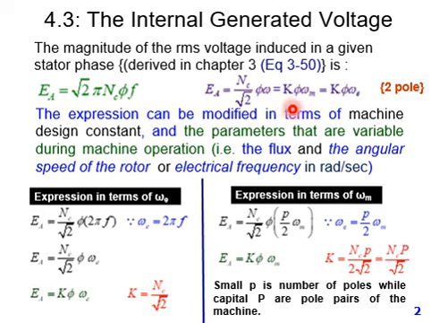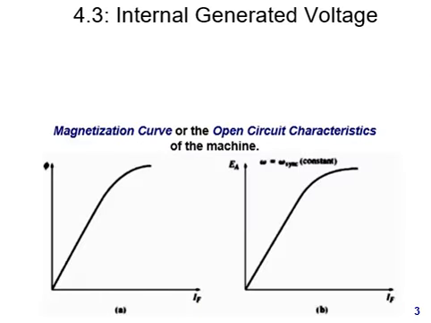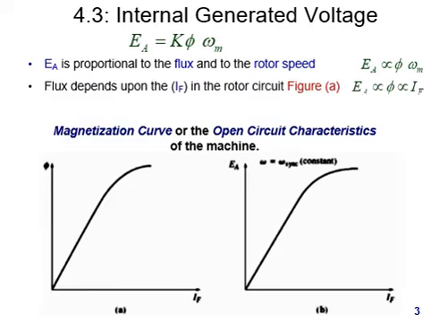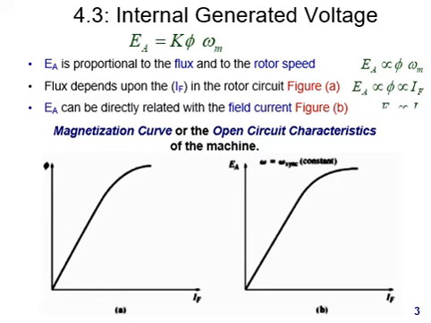So this is a summary for 2 poles, in which this is the formula dealing with mechanical frequency, and this is the formula dealing with electrical frequency. So this is the same RMS voltage formula which we have just studied.